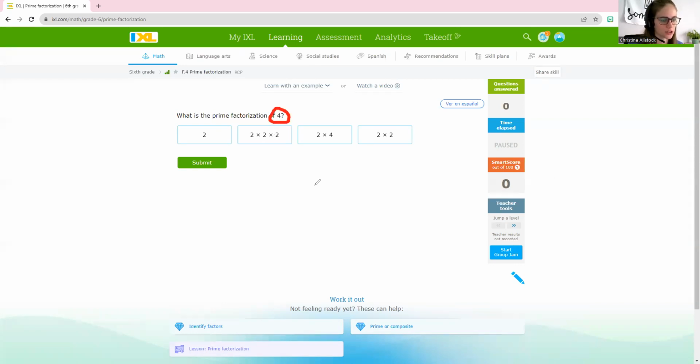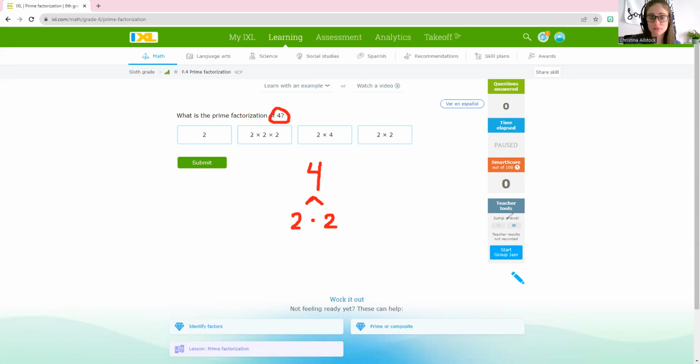So if we want to find the prime factorization of 4, we need to break this down into factors. We can start off with our first factor that we can think of. Well, we could do 1 times 4. That doesn't really change anything. So what would be another? 2 times 2, and we can't break that down any further. 2s are prime numbers.